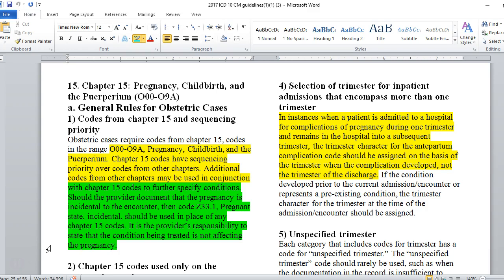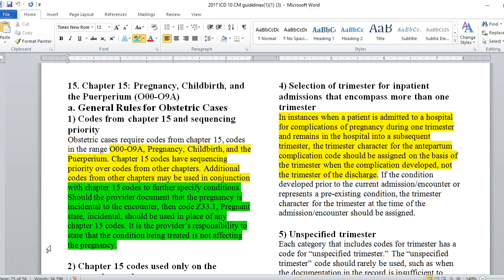Chapter 15 codes have sequencing priority over all other chapters. Okay, so when a woman is pregnant, an O code should go first. There are only a few circumstances where an O code would not go first, and we'll talk about those.